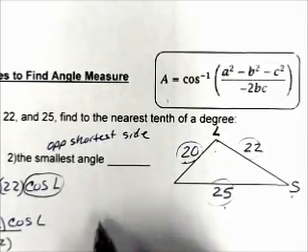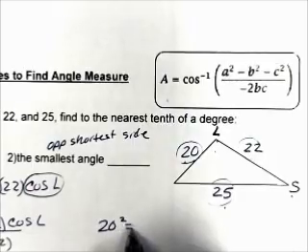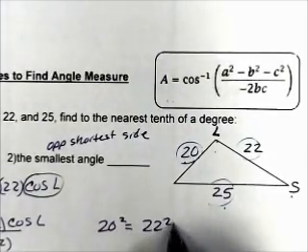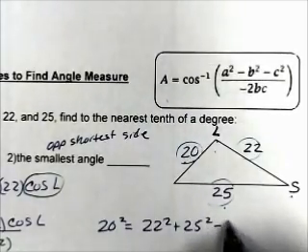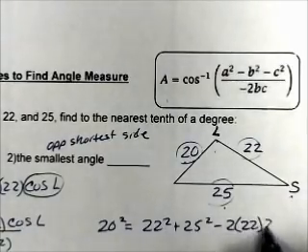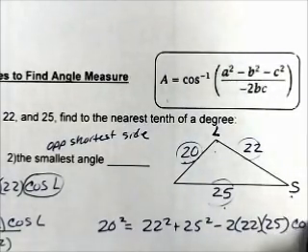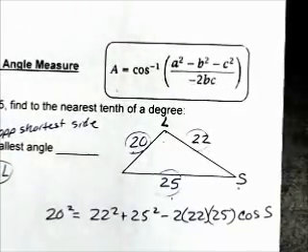So law of cosines says that 20 squared is equal to the sum of the squares of the other two sides minus twice the product of those other two sides and the cosine of the angle S.